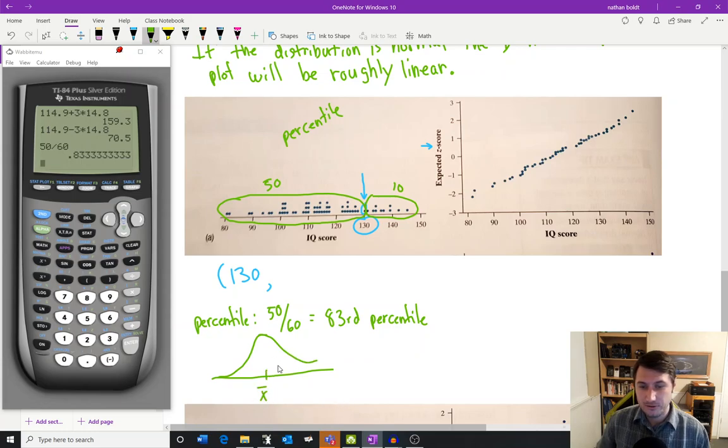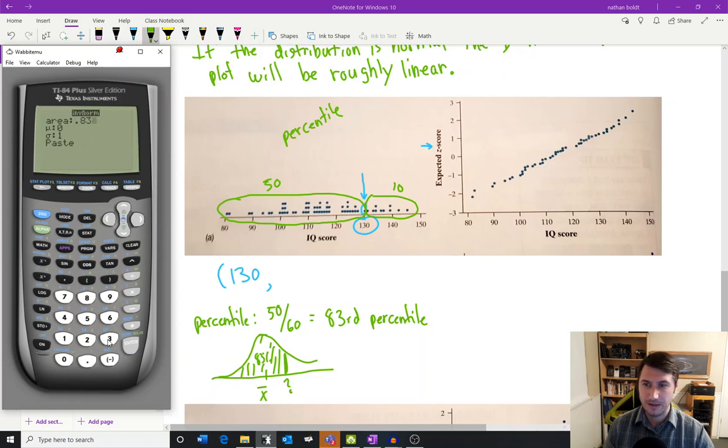The 83rd percentile will be somewhere over here, and that means that 83% is the area to the left. Well, that's an inverse norm. I want to know what value has 83% on the left. So I'm going to go to my calculator and use inverse norm. The area, I want it to be 0.83.